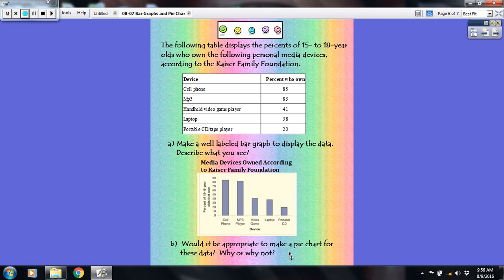We are talking about more than a whole. You can own more of one device than another. A Venn diagram would display this, but not necessarily display in terms of numbers the type of information that we can display in a bar graph right here. So the bar graph would be the best choice for this situation.